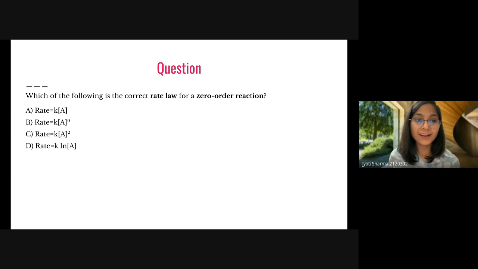Option A is rate equals k multiplied by concentration of A. B is rate equals k times concentration of A raised to power 0. C has A raised to power 2, and D has the natural log of A multiplied by k. Let me see your answers.